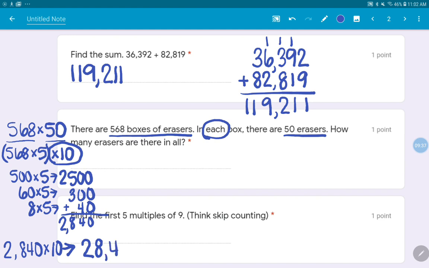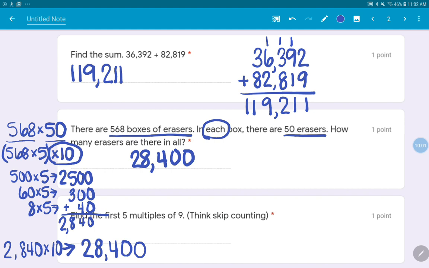The 400s becomes 4,000s. The ones becomes tens. And then I add the 0 to the ones place. So in all, there are 28,400 erasers.